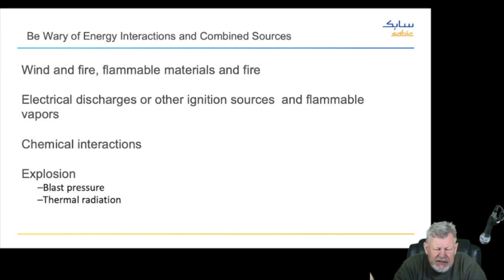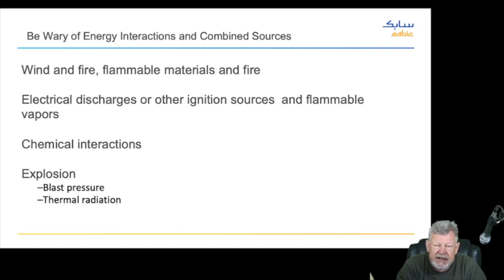Things like electrical discharges or other ignition sources, static electricity, equipment that is not well maintained, things with hot sources combined with flammable and explosive gases, chemical interactions, putting two different chemicals like, for instance, nitric acid and organic materials, putting those things together, oxidizers, fuels, fertilizer with fuel material, can greatly increase the effect that a hazard might have if it's acting alone.